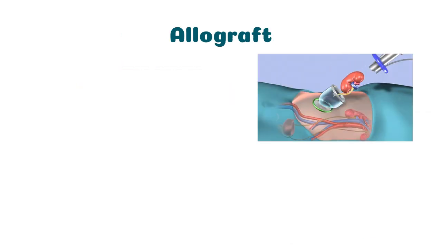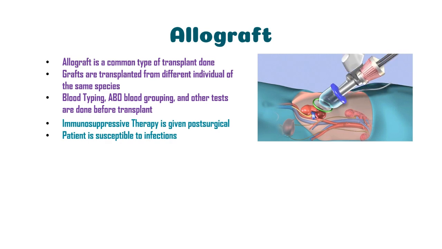In cases of allograft, when a tissue or an organ is transplanted from a different individual but from the same species, we mainly give immunosuppressive therapy in order to suppress our immune system so it won't react against these graft cells and destroy them.